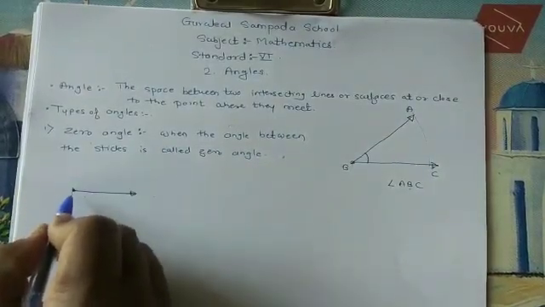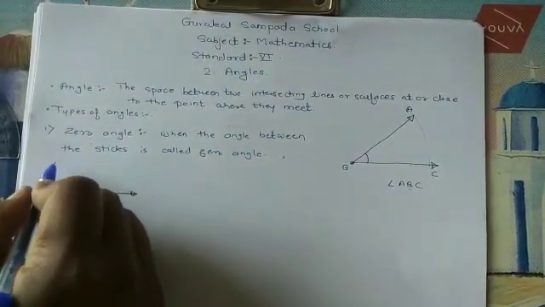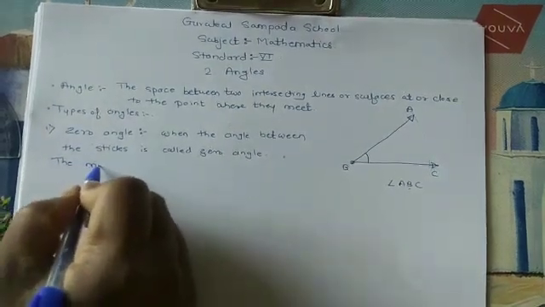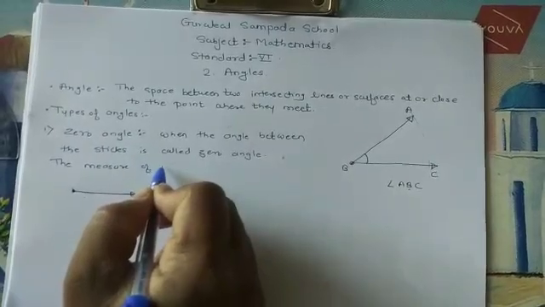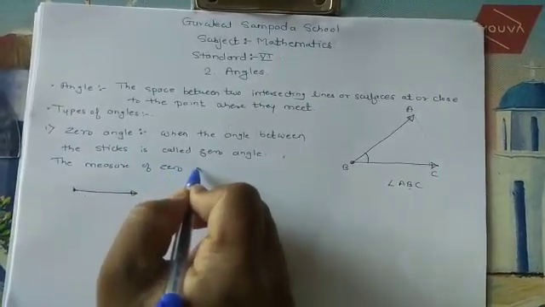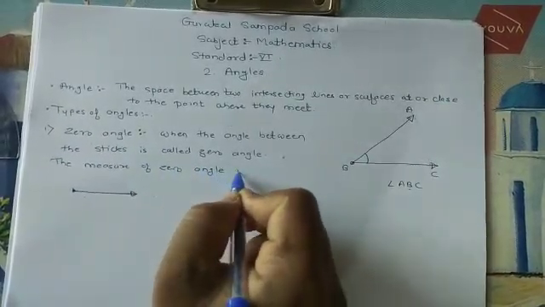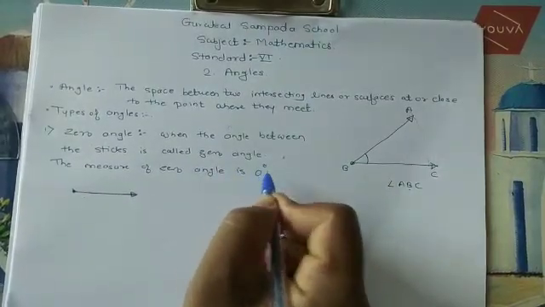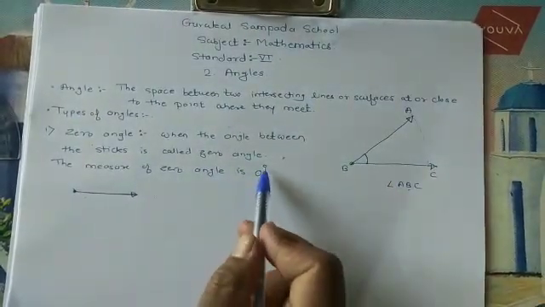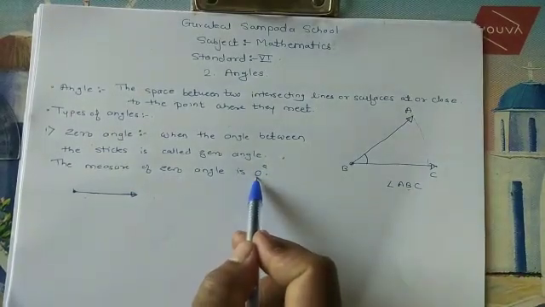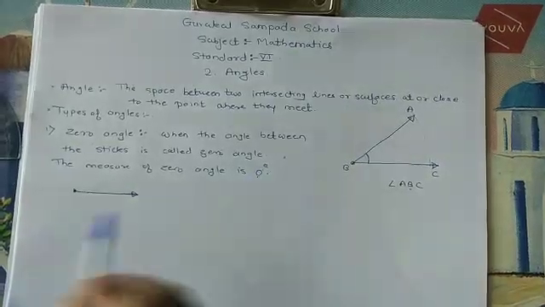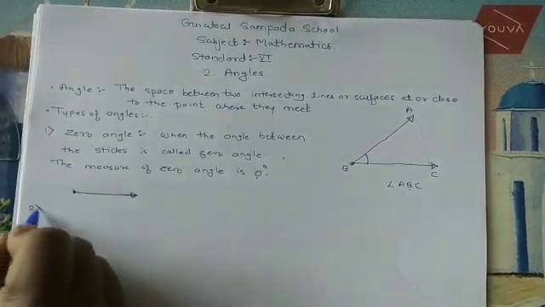If we are measuring that, the measure of zero angle is 0 degree. We can give the symbol like this. Here is the symbol of degree, and this is the number or angle measure. It is 0 degree.